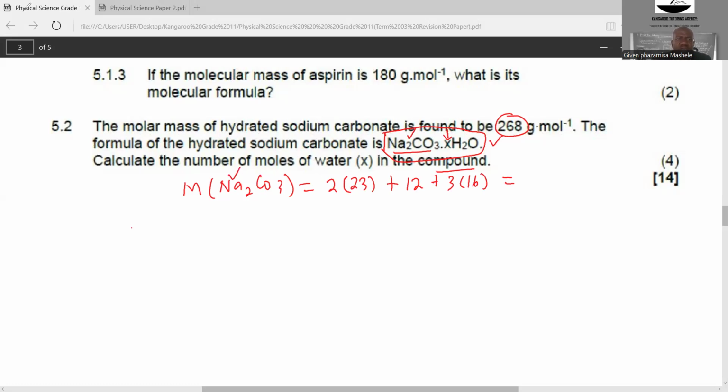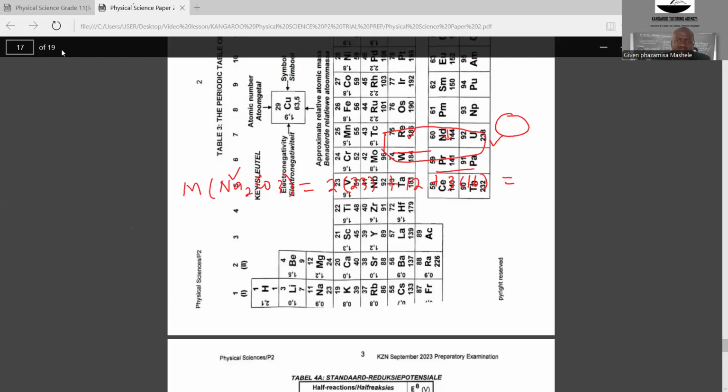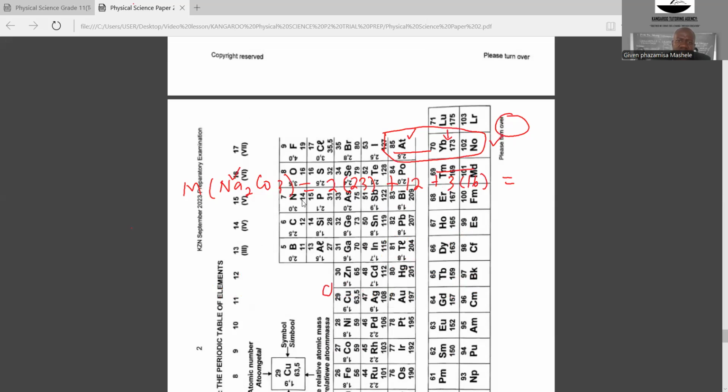I believe you understand how I got the answer. From our periodic table, sodium has a relative atomic mass of 23, carbon has 12, and oxygen is 16.